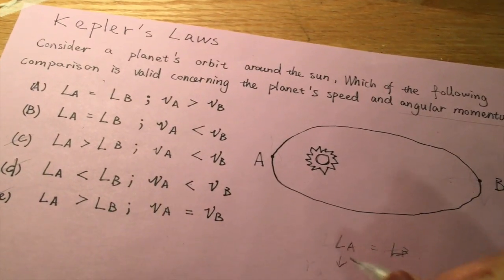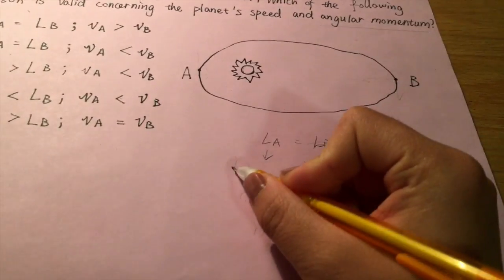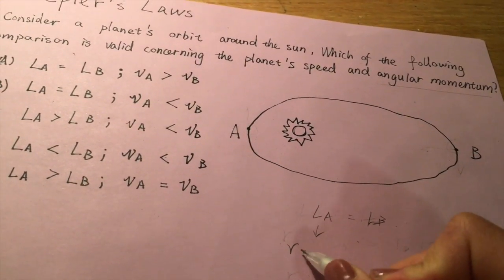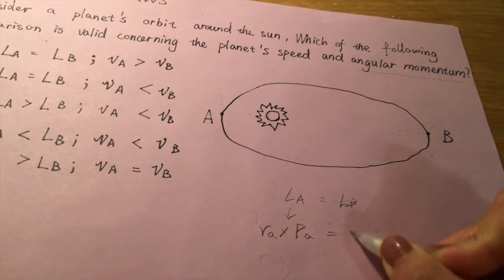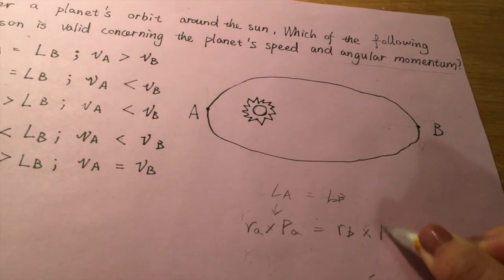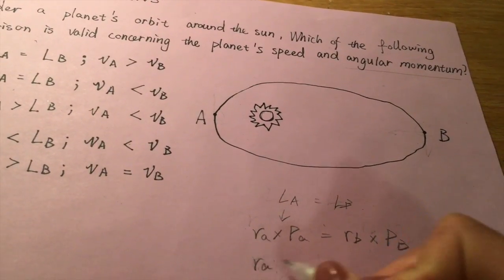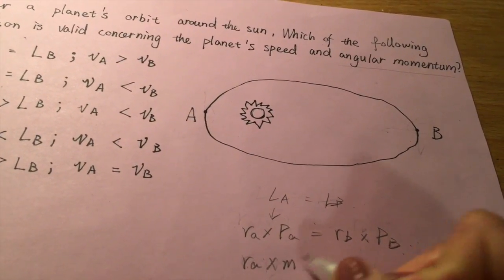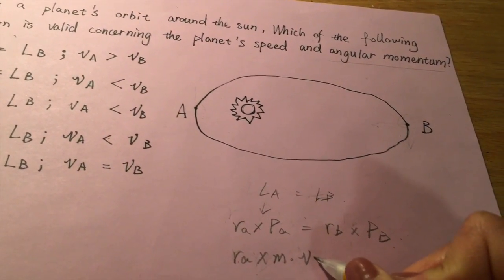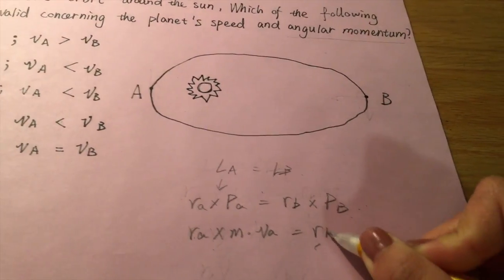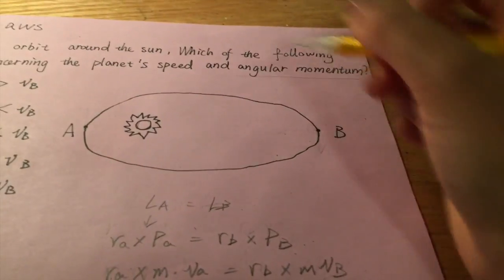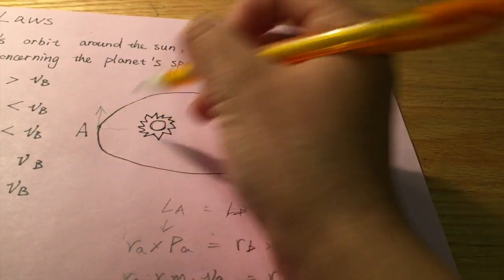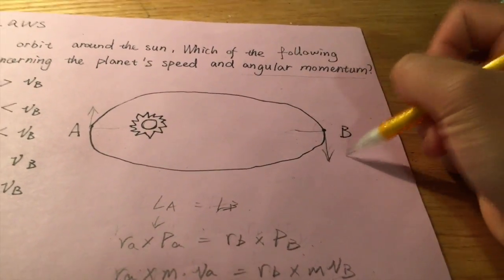If we break it down, angular momentum at A equals the radial distance cross the linear momentum at A, and same for object B, which is m times velocity at A equals r_B cross v_B. And notice that at both A and B we have the velocity perpendicular to the radial position.